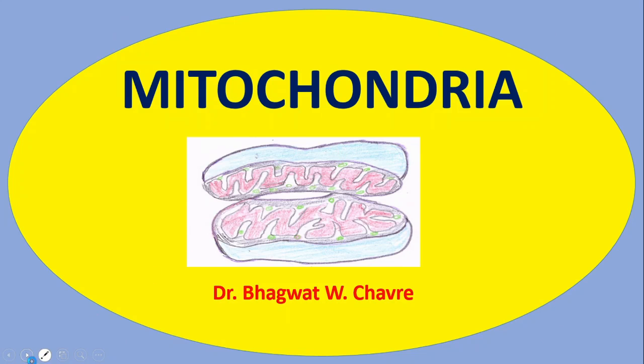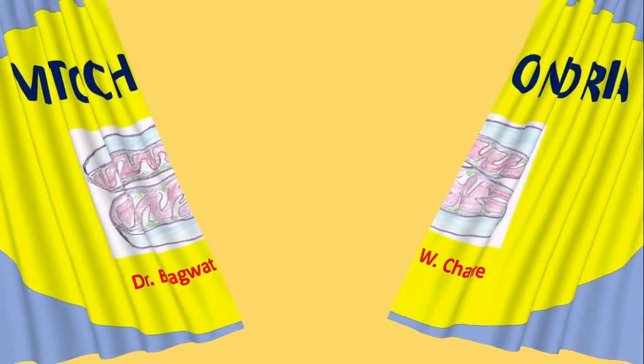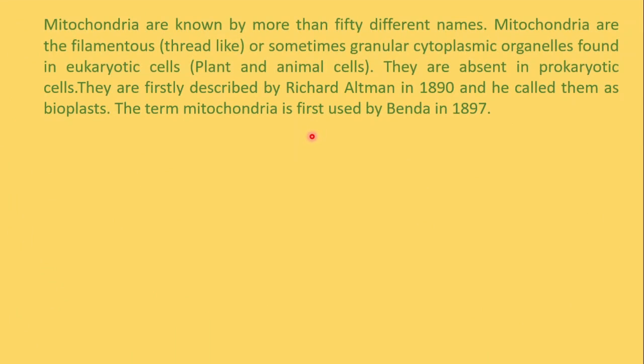So what are mitochondria? If you see these mitochondria, they are known by more than 50 different names. Different scientists have given different names to mitochondria.